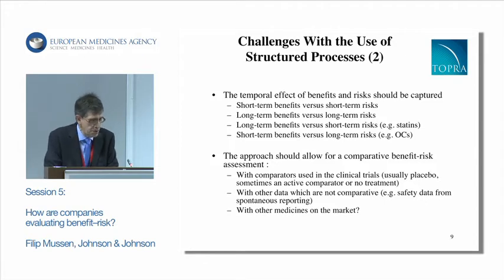But long-term benefits versus short-term risks, for example, statins, or short-term benefits versus long-term risks, for example, oral contraceptives, I think are concepts quite difficult to capture in a benefit-risk decision, and that's really something that we need to do a better job on in trying to capture in models.